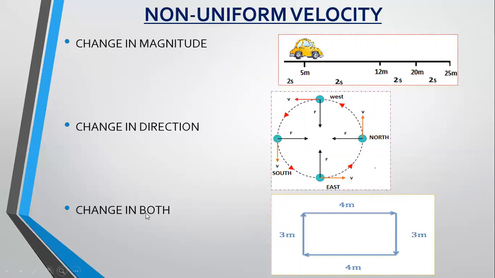Let's see the third case. When there is a change in both speed and direction, consider a rectangular path.